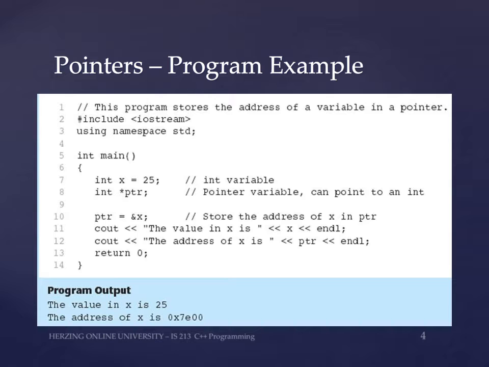So the output: the value of x is 25 because that's the value of x, and the address of x will be the hexadecimal value of the variable location.